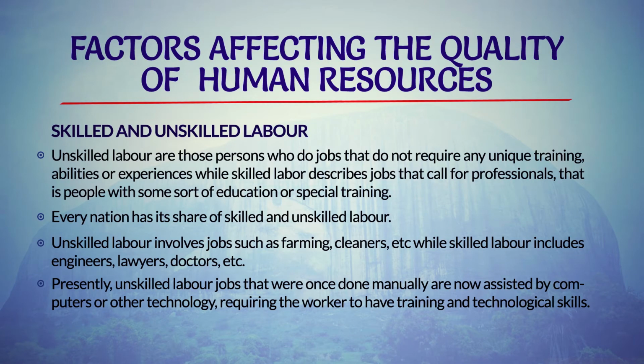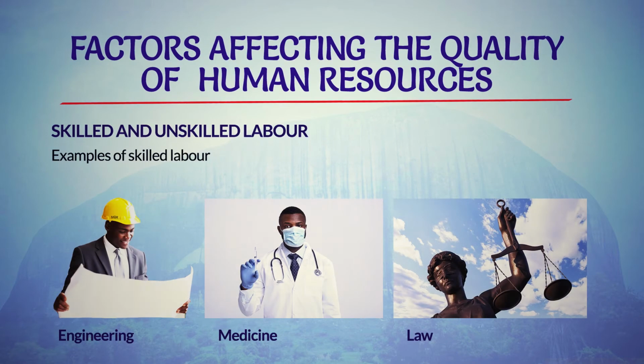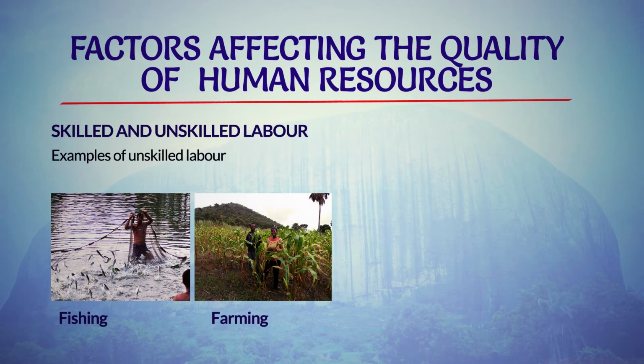Skilled and unskilled labor. Skilled labor are jobs that require a special kind of training or experience, while unskilled labor do not require trainings or experiences. Some examples of skilled labor include engineering, medicine, law, etc. While some examples of unskilled labor include farming, fishing, and so on.